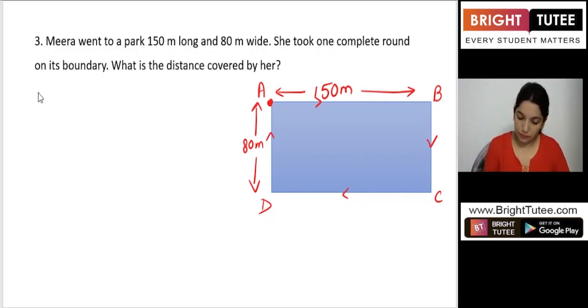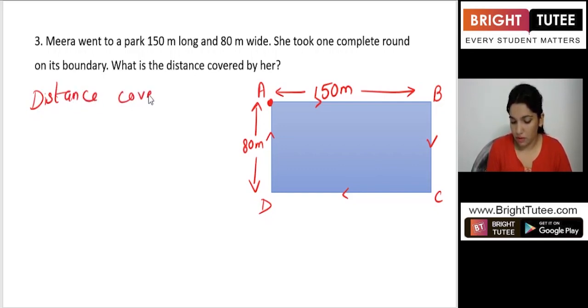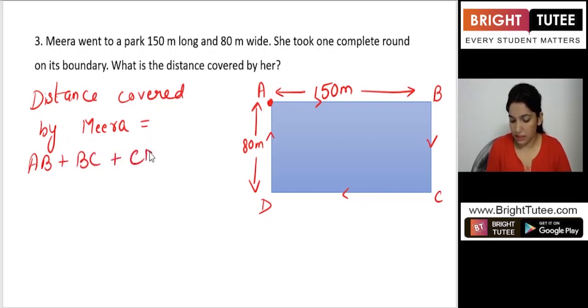Now it says what is the distance covered by her. So we'll say distance covered by Meera is equal to AB plus BC plus CD plus DA, right?